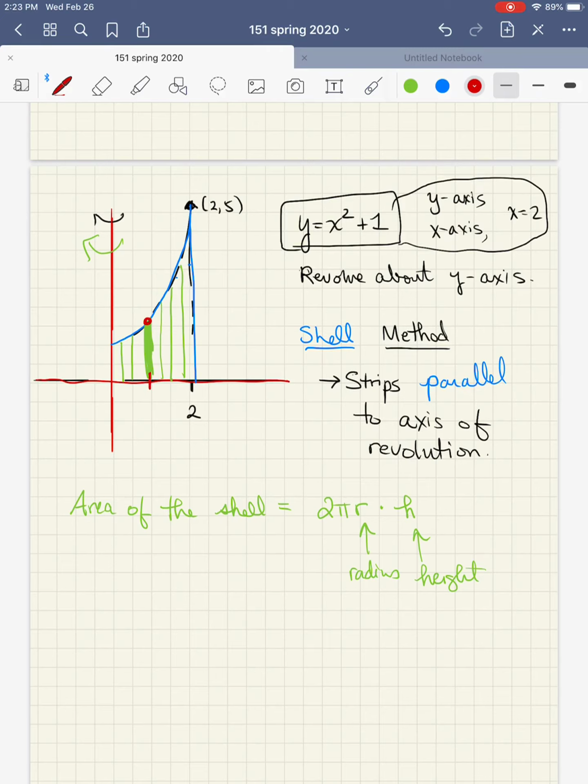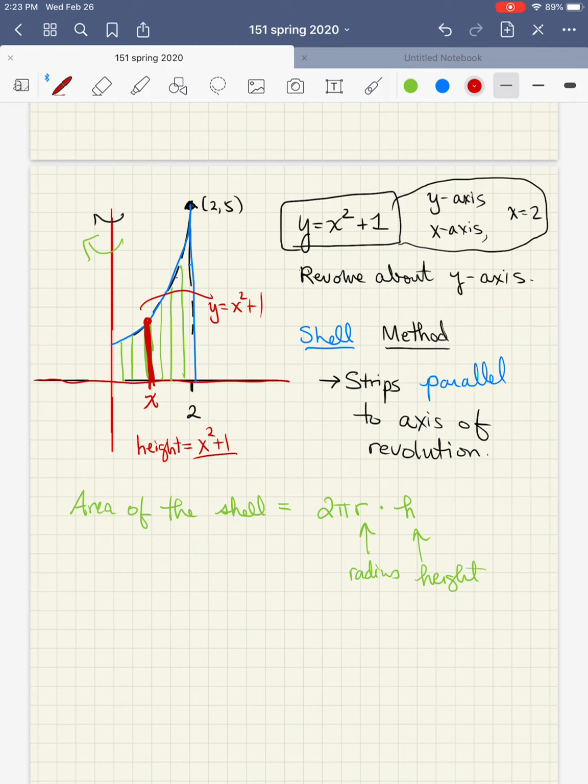Well, if this is x, then I can give you an exact formula for the length of this. The height of this thing is just going to be equal to the y value. And this is y equals x squared plus 1, and so my height is going to equal x squared plus 1.